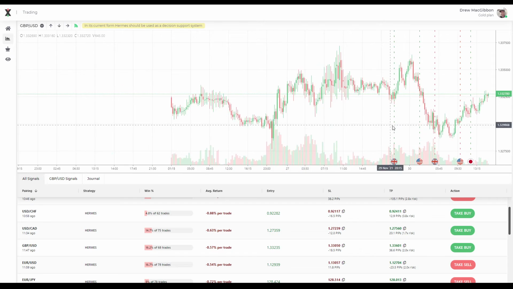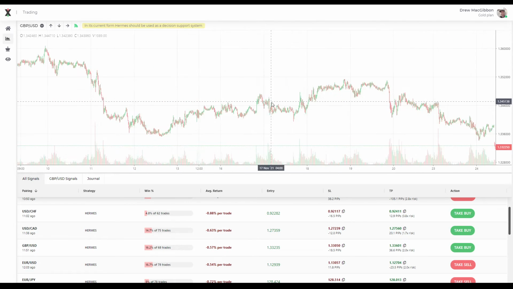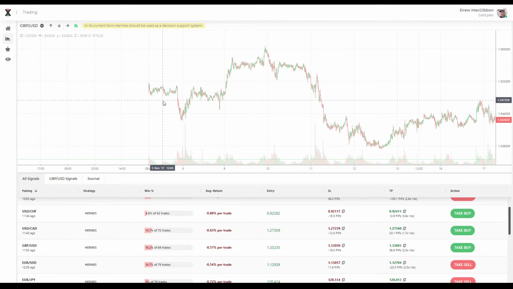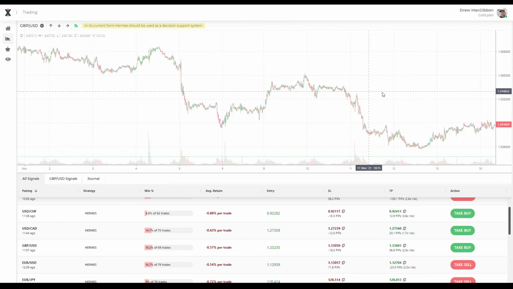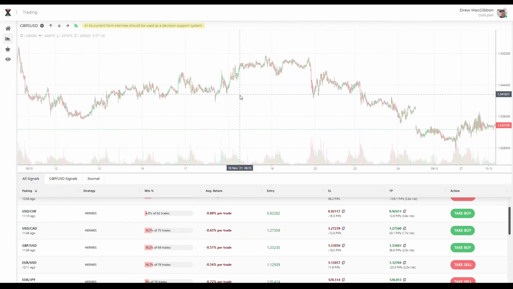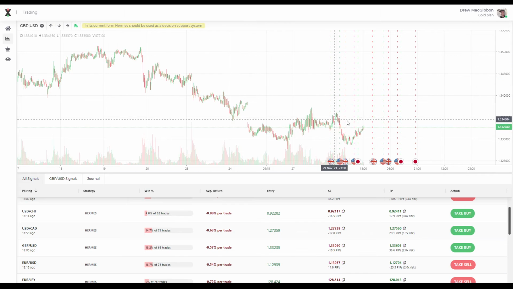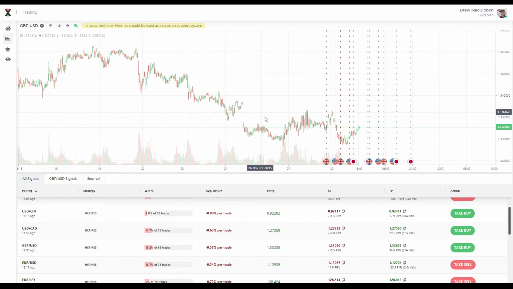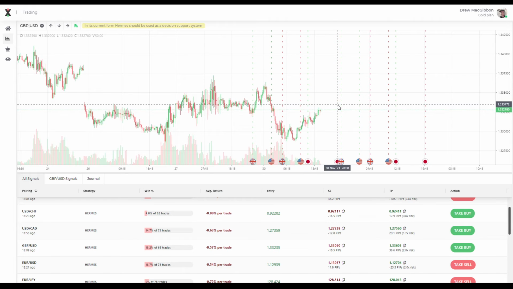So once again, we're just looking at price action, and we're looking at it relative to the recent trend, which the algorithm would have been trained on. So we've got a little bit of a downtrend here, followed by some sideways movement, and then a continuation down. So we would be looking for the trend to continue down.